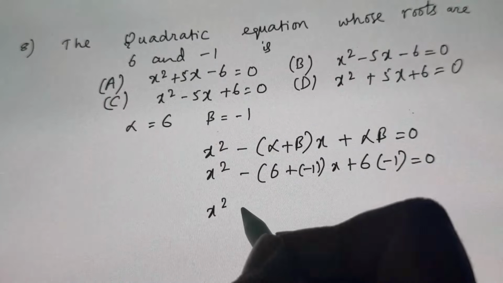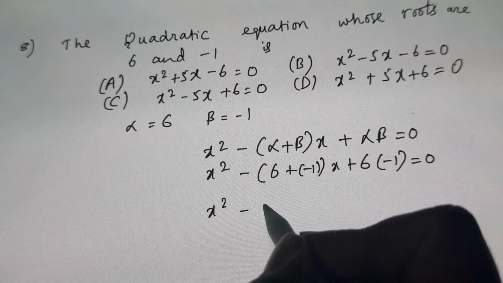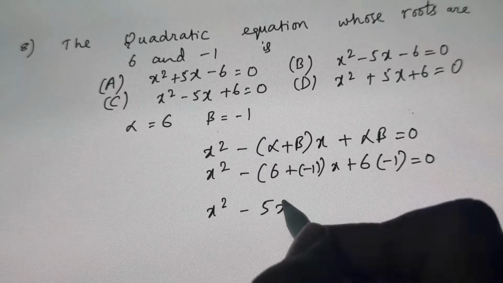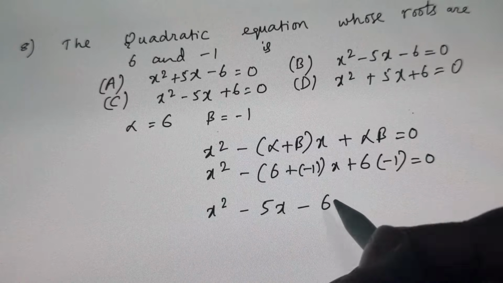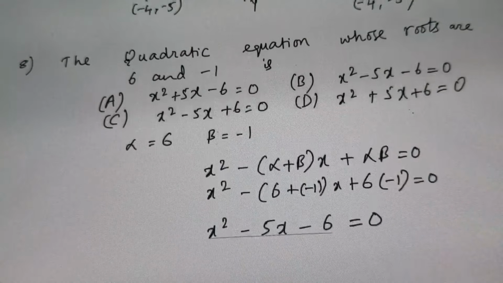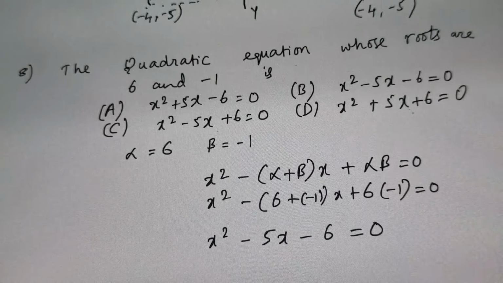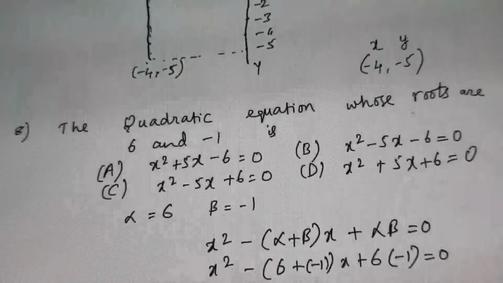So x square minus 5x minus 6 equals 0. This is the required quadratic equation whose roots are 6 and -1. So you have to tick the option B.